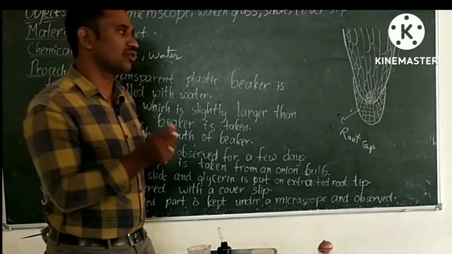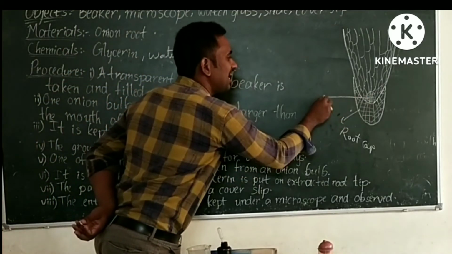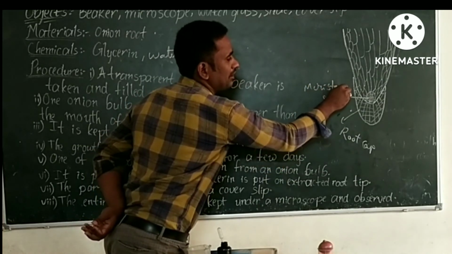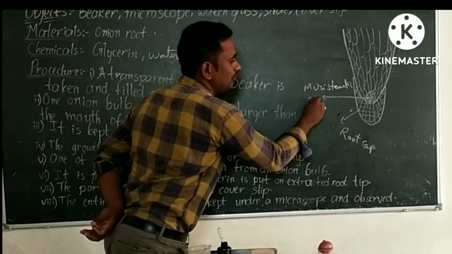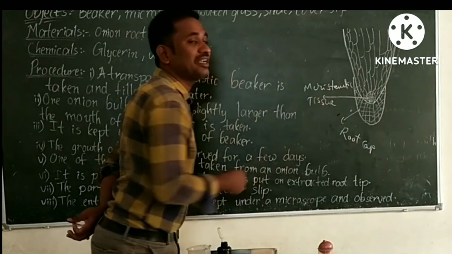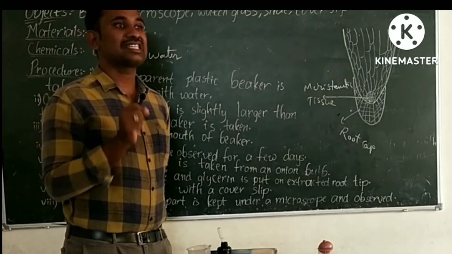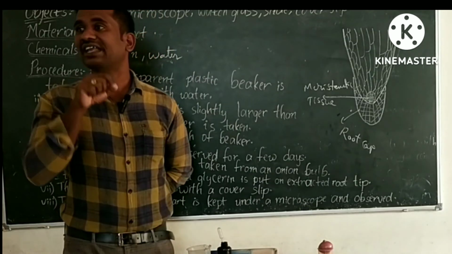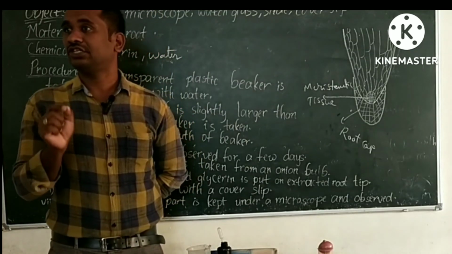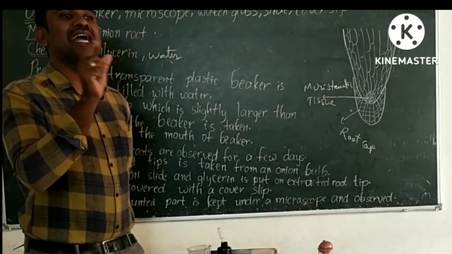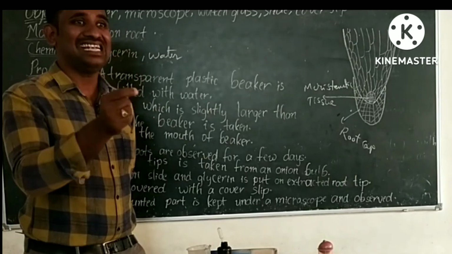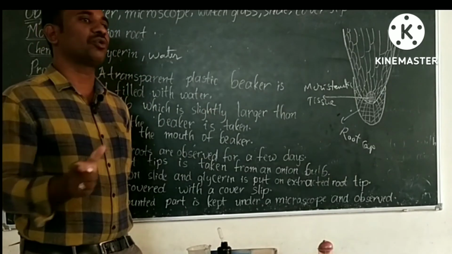That tissue is known as meristematic tissue. This is the cell dividing region, and the meristematic tissue is responsible for cell division and growth of the root.